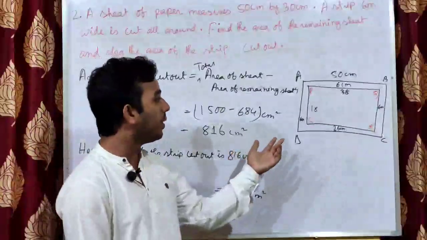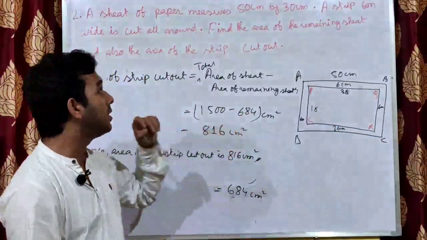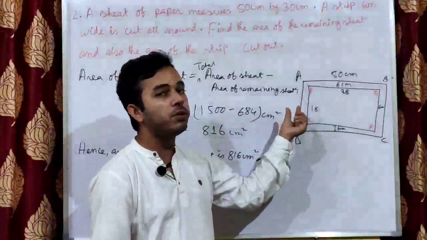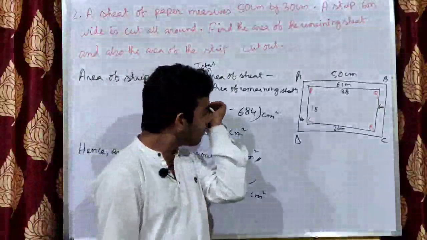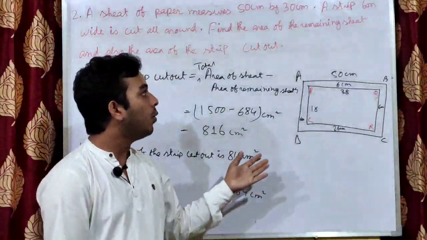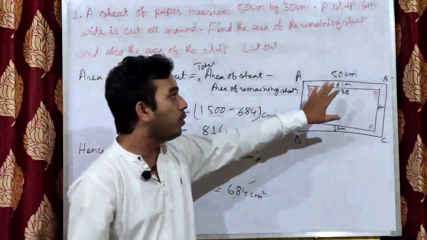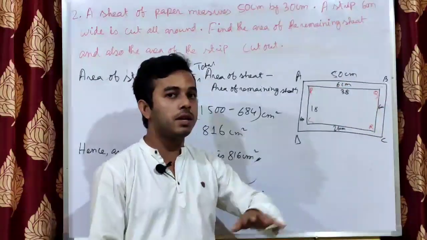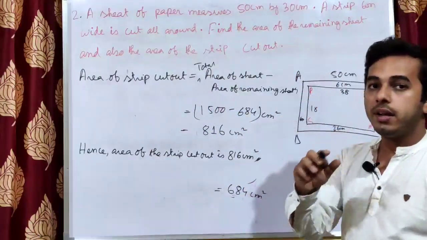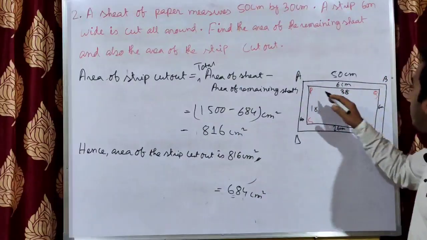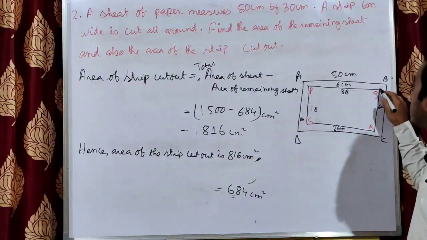We have made a ribbon from this paper, and the width of the ribbon is 6 centimeter. So now we have to find the area of the remaining paper. We know its length is 50 centimeter. Now since a 6 centimeter wide ribbon is cut, the length of the remaining sheet will be 50 minus 6.